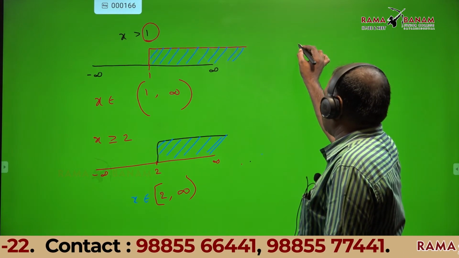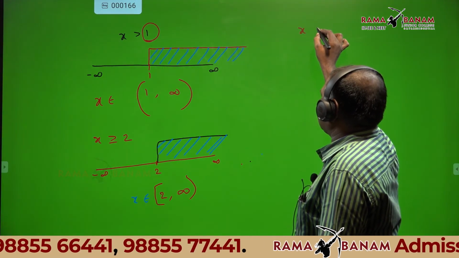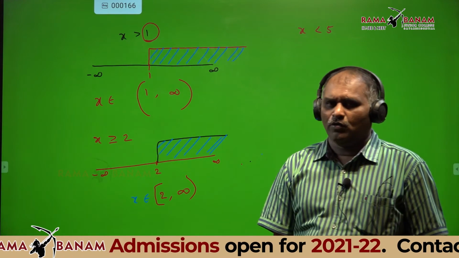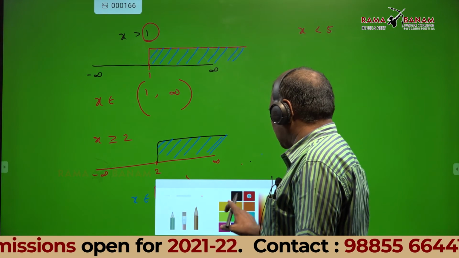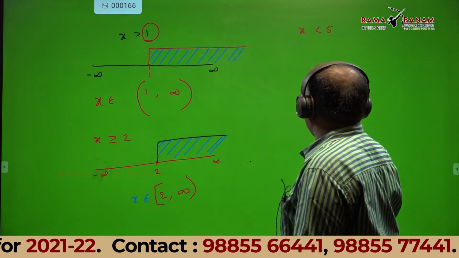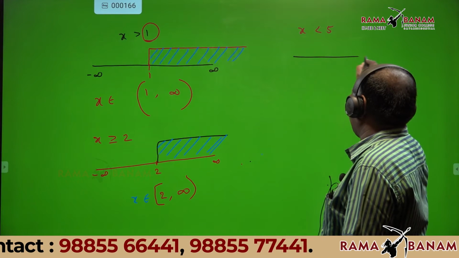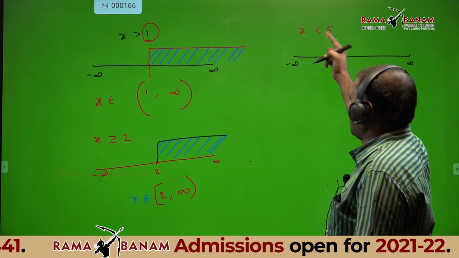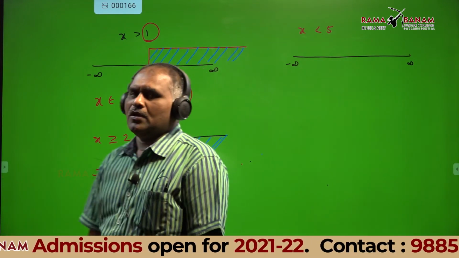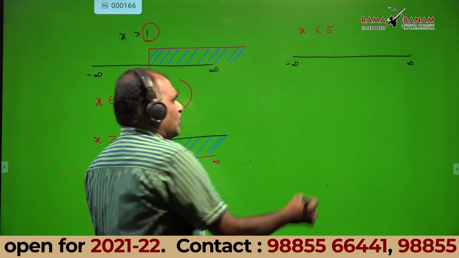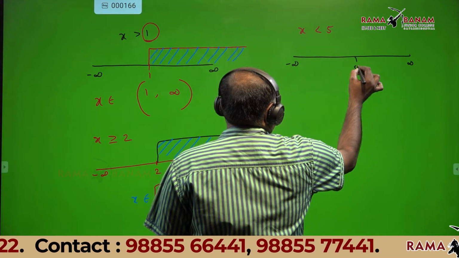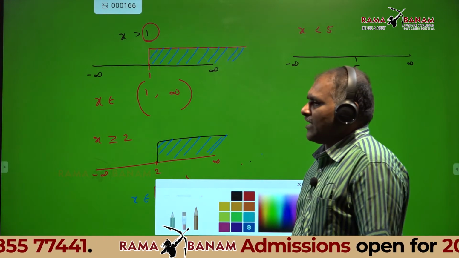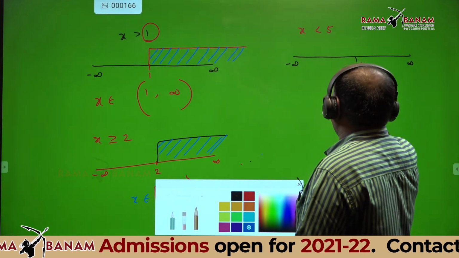Listen, suppose for example x is less than 5. How to draw this? Observe, I take the number line, minus infinity to plus infinity. What is the number? 5. Indicate 5. Is it less than or greater than? Less than. If less than is there, I draw on the left hand side.